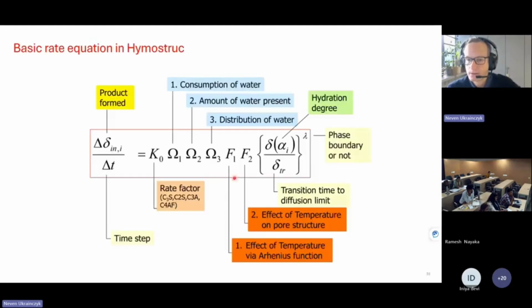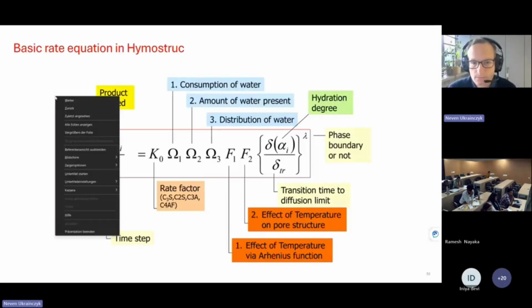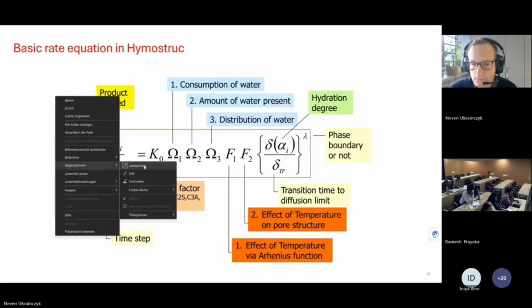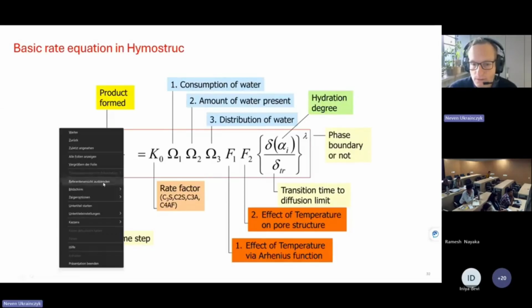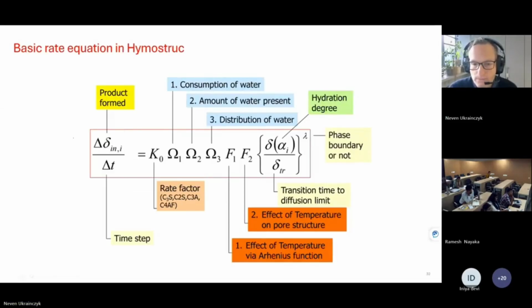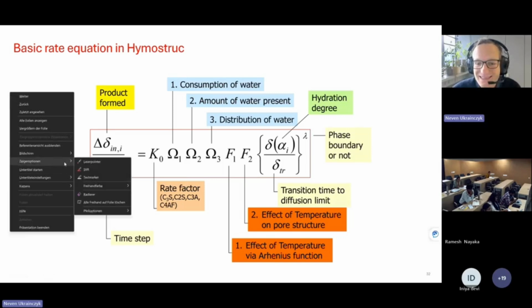Maybe I should let me draw it. Let me draw the particle. So if this is the particle, we want a nice sphere.